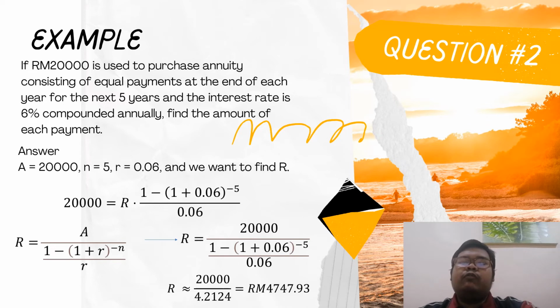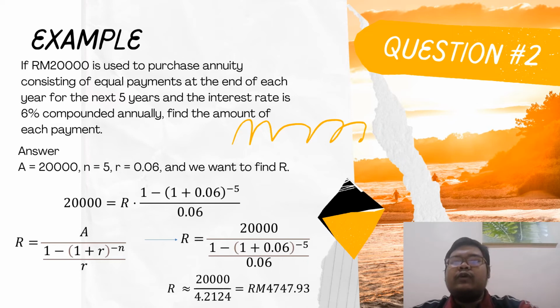So, from the formula, we move R to the left side, which is R equals A over 1 minus 1 plus r to the power of negative n, over r.